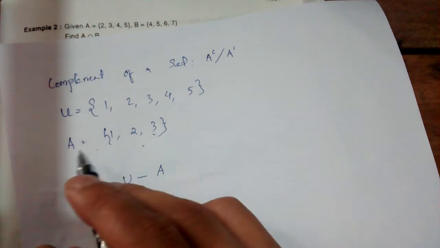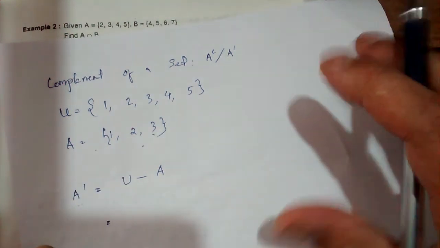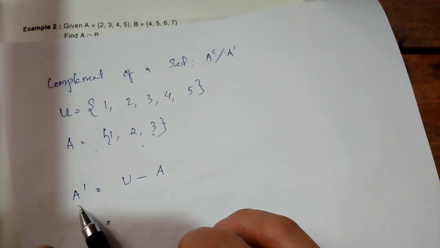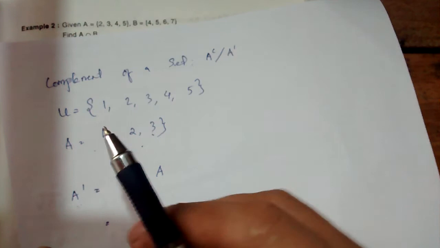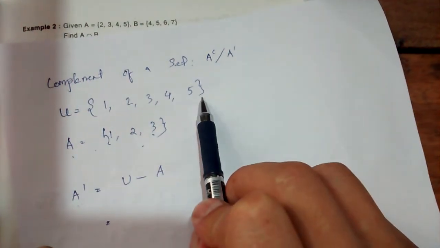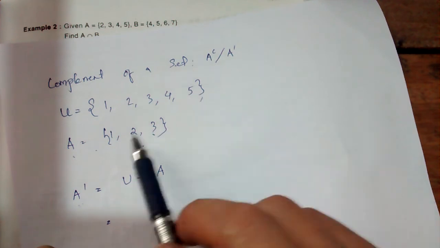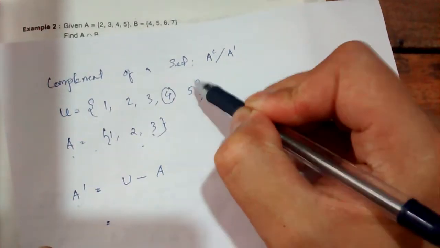Okay, so a complement of a set should mean all the elements which are not included here, but existing in the universe, or the universal set. So what are the elements which are not included in set A? 4 and 5.